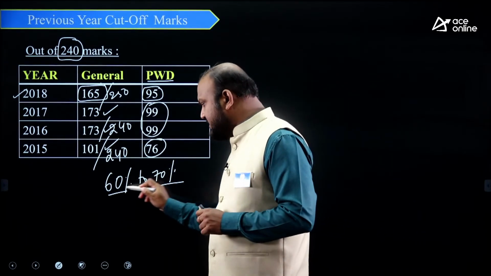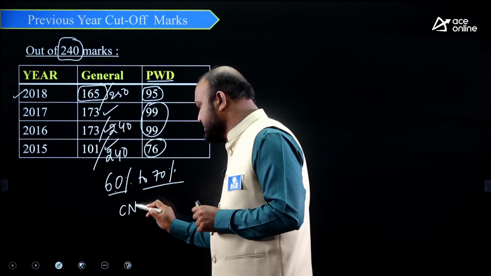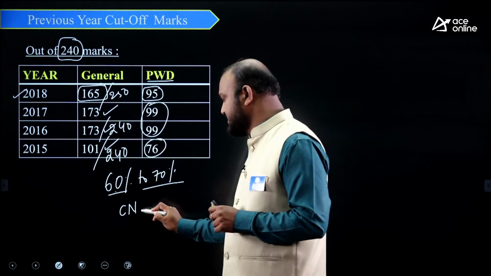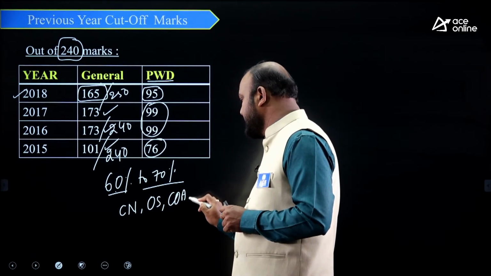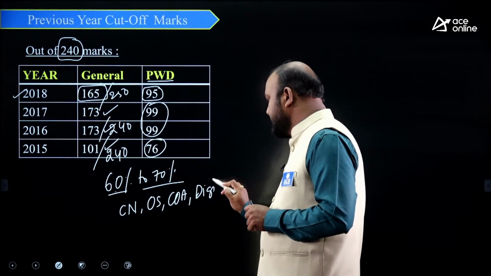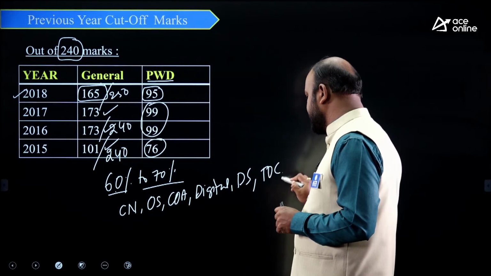To score 60 to 70%, which subjects do you need to focus on? Computer networks, from where more questions are asked, operating system, COA, digital, data structures, and TOC, compilers.